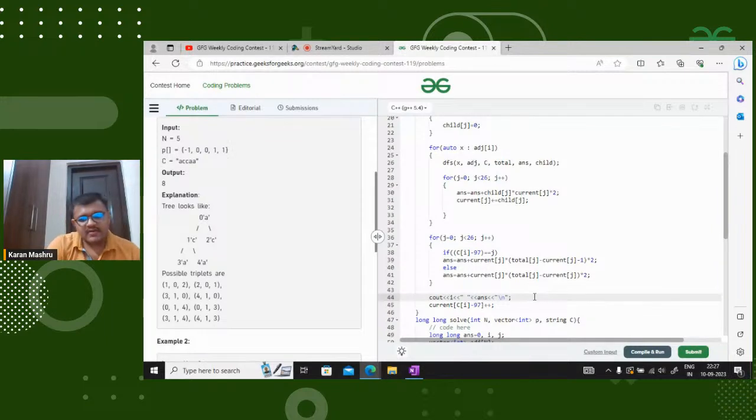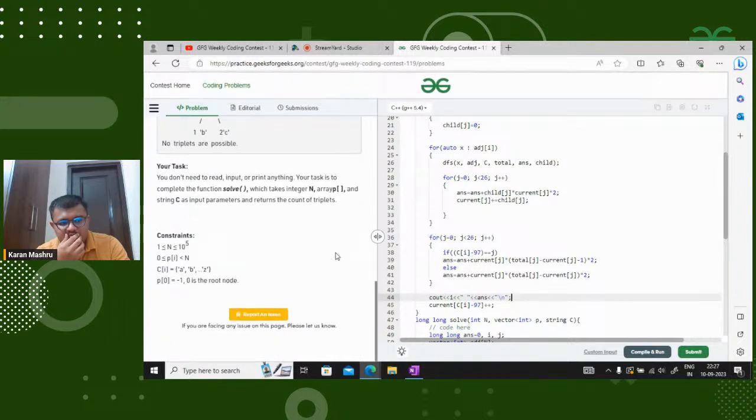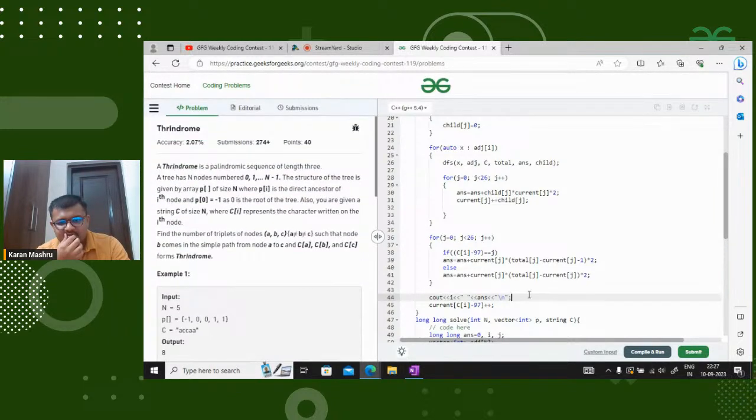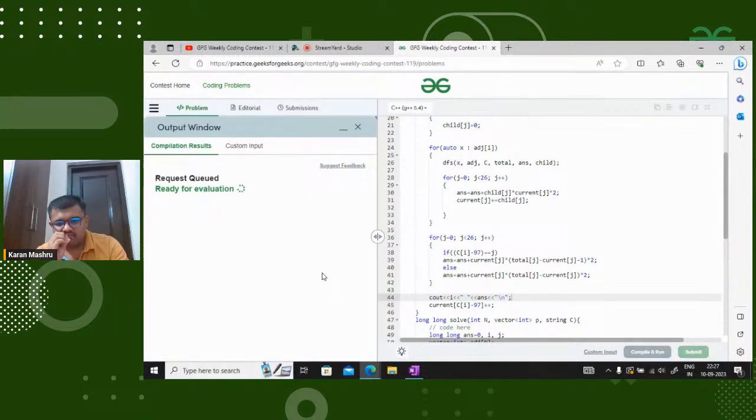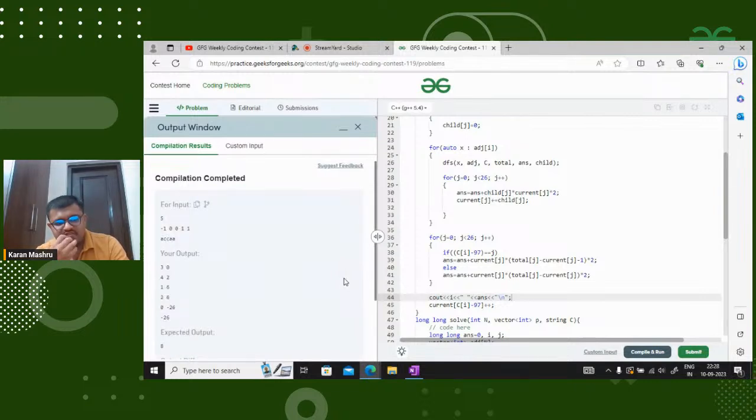So we are getting, for the zeroth node, the answer minus 26, right? How is that possible?